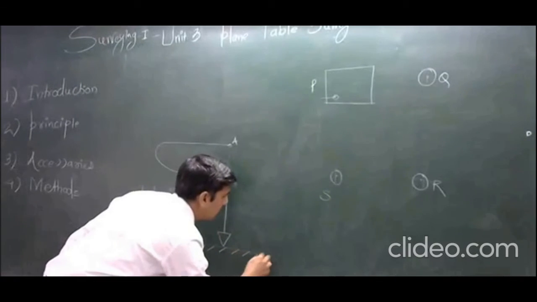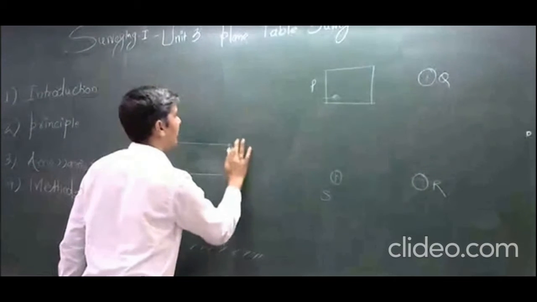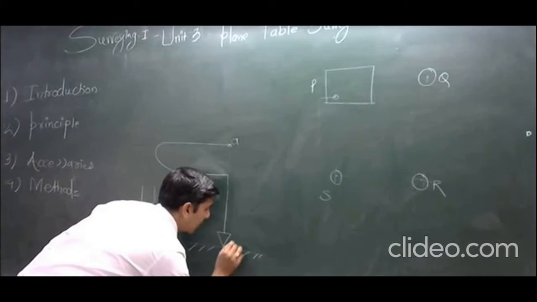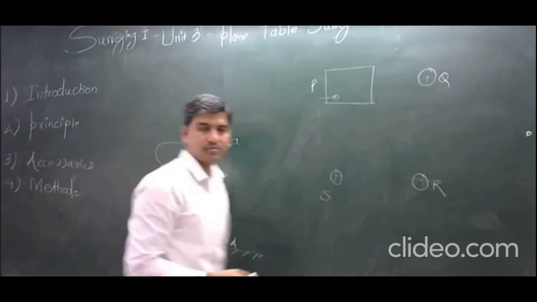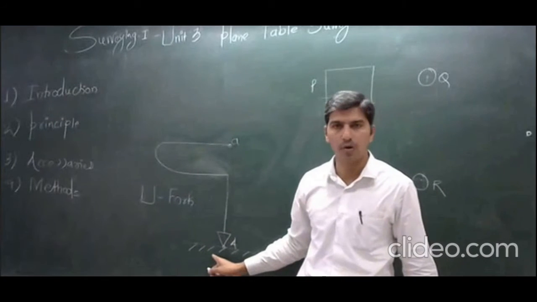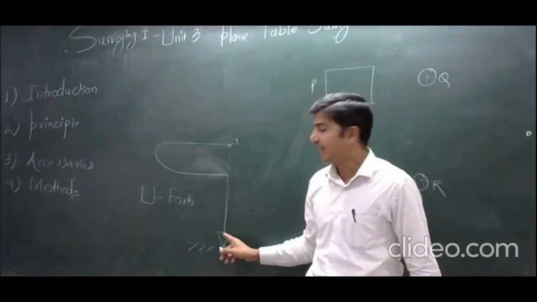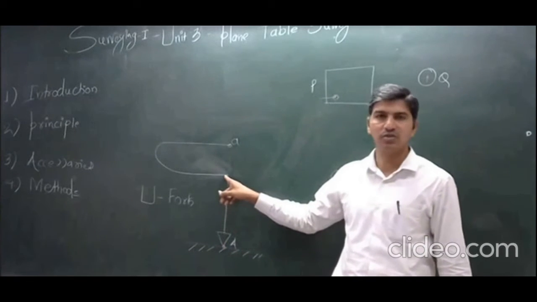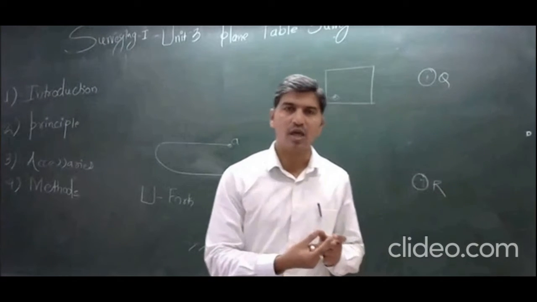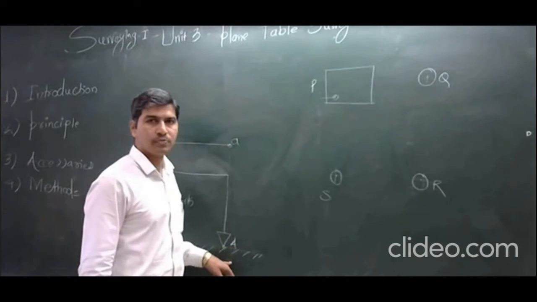So this point on the sheet I will take as small a, and the point on the ground as capital E. By using the U fork with plumb bob, from this end there is a small thread, and one end of the thread is attached to the U fork. The other end has a triangular heavy weight, which is called the plumb bob.